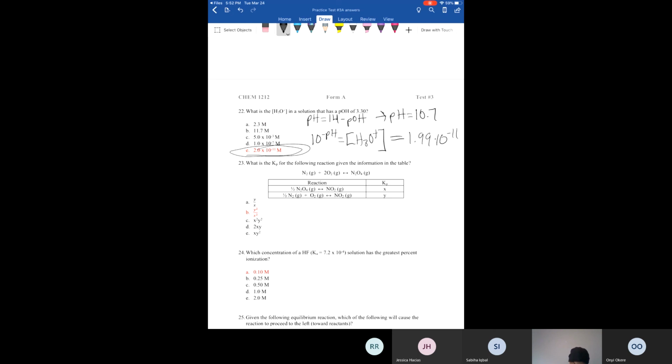What is the Kp for the following reaction given the information in the table? Okay, so this is a fun one.